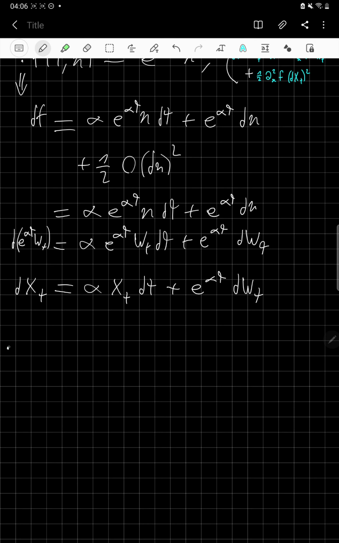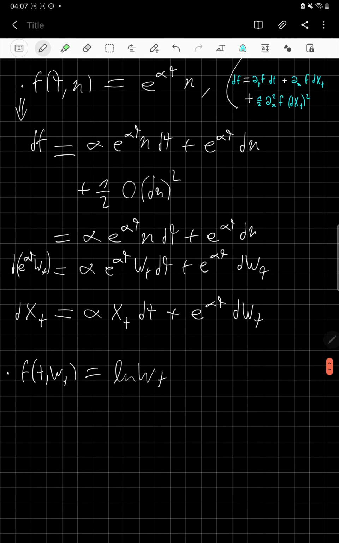I'm going to go just one more. If f of t, Wt is just going to be equal to the logarithm of Wt. Now what do we get?